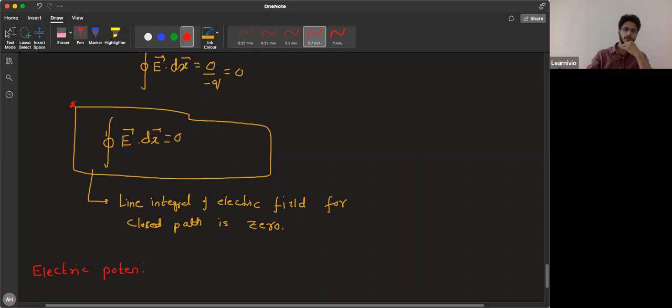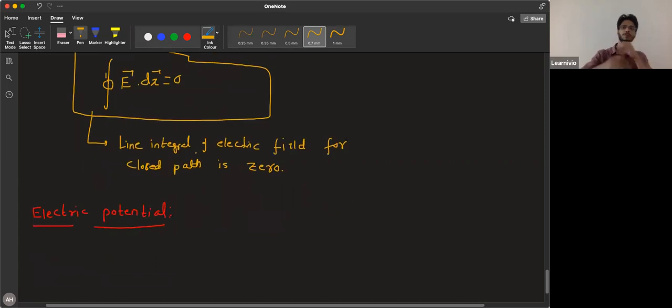Now we will start electric potential. What was electric field? Arpit, can you define electric field? Sir, electric field was the area around which the electric properties of matter existed. Right.